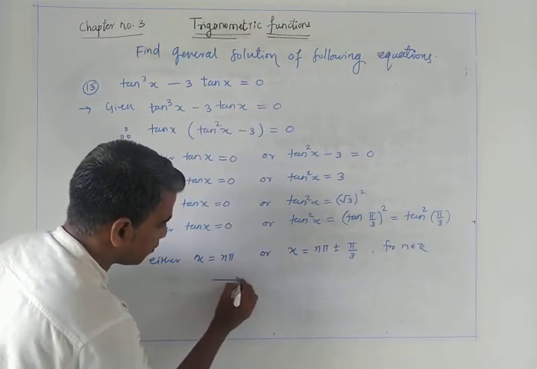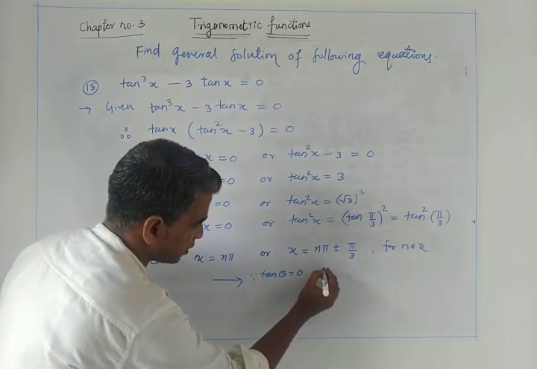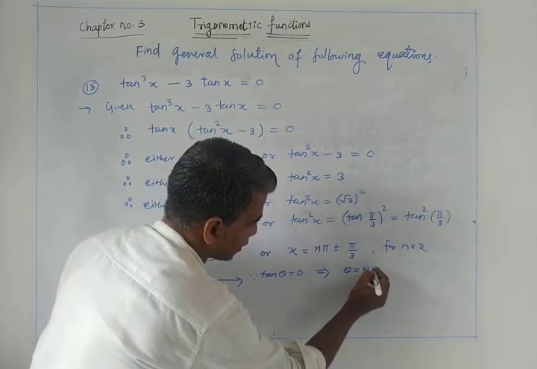And we use here the formula: tan theta is equal to 0 implies theta is equal to n pi.